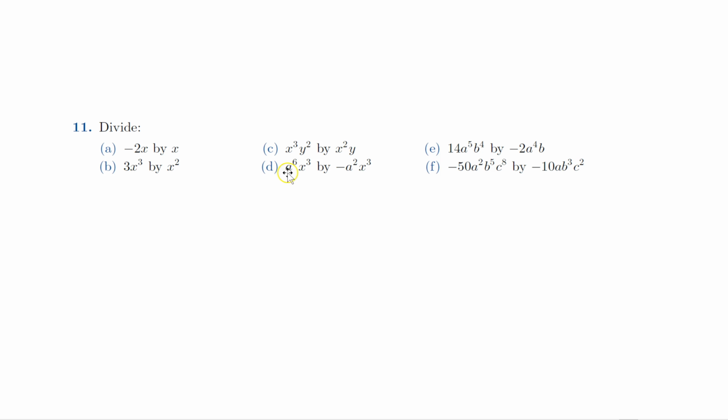Now for our division here, let's try d and f. So if I take d, that's equal to, and I'll write it as a quotient to start with, a to the 6th x cubed over negative a squared x cubed, and then I can see the x cubed cancels. So there are no x's in my final answer. Be careful with your writing, hopefully it's better than mine.